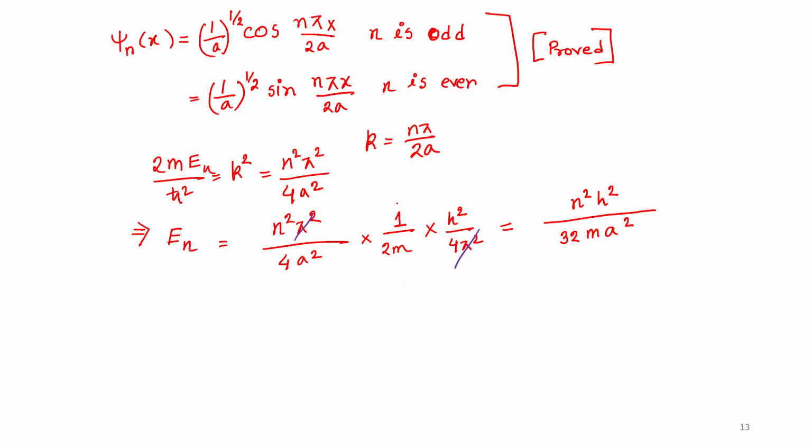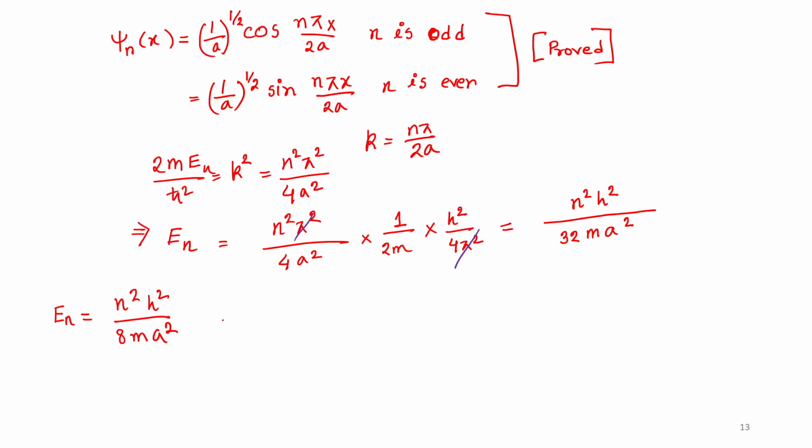Okay, now what about the energy expression when, suppose, what is the usual energy expression we get for our box when it is given as n square h square by 8 m a square, right? Or suppose let me say L square.